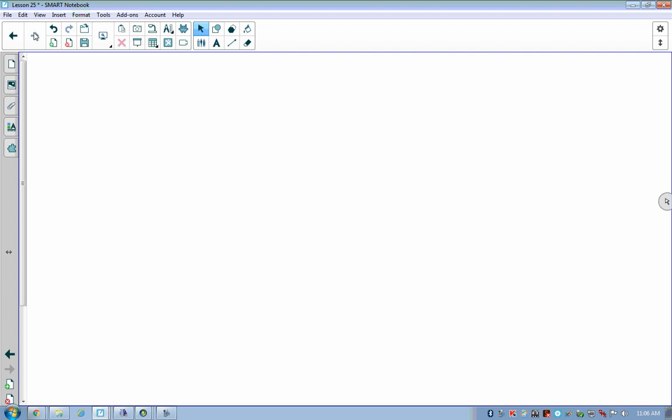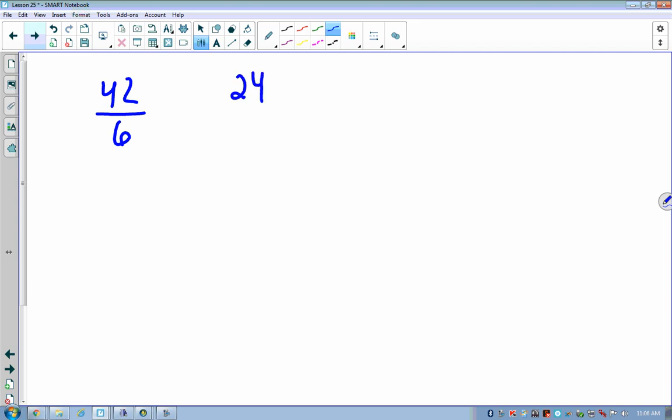All right, so what is our rate on the first one? How many levers did he make? 42 levers in 6 minutes. What's the rate on the other machine? 24 in 4. Now, which machine began working first? The second machine began working earlier, by 2 minutes.